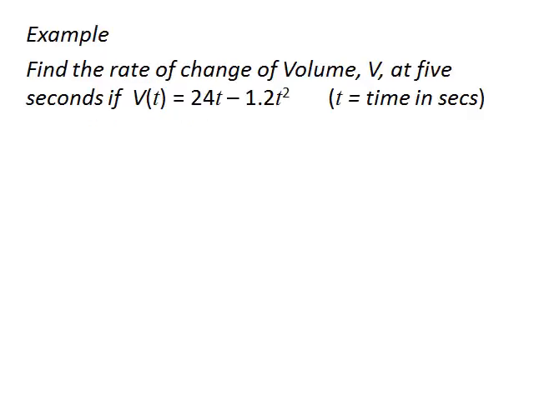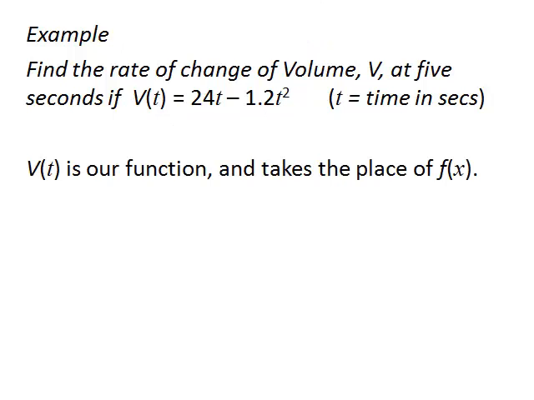We're asked to find the rate of change of volume V at 5 seconds if we're given that function. So this tells us the relationship between volume and time. V(t) is our function, and so we just treat it the same way that we would have treated a function of x.